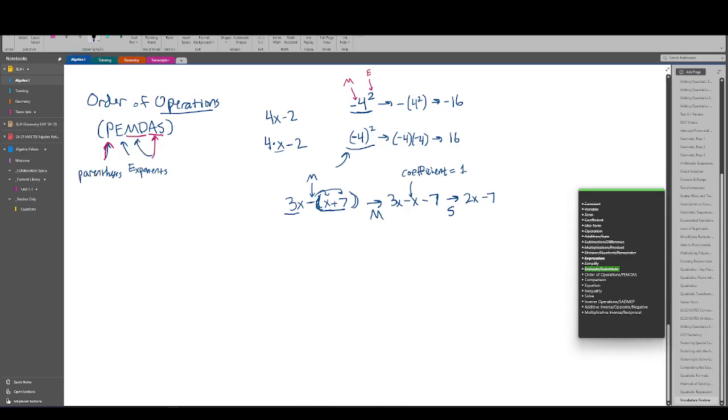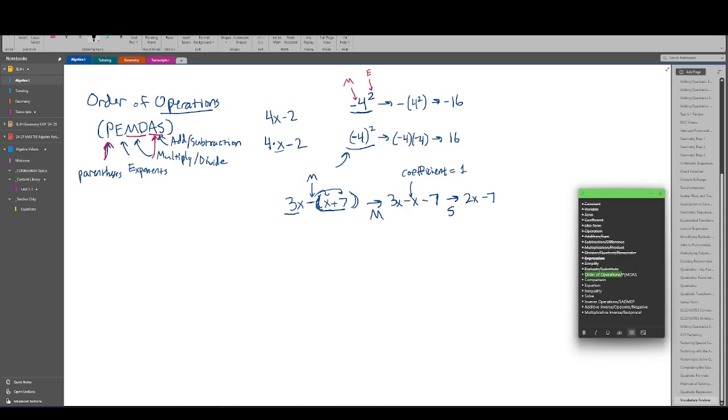So this is really just multiplication, but division goes with it because division is just multiplying by a fraction. And then finally we have addition, and the same way subtraction goes with it, even though subtraction is just addition. So those go together. Okay, let's move on from that and talk about comparing expressions.